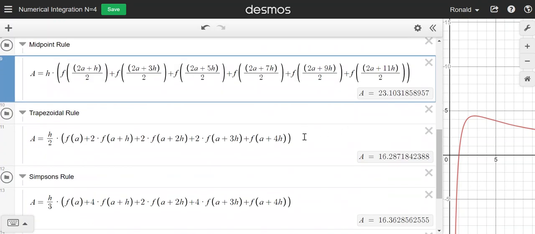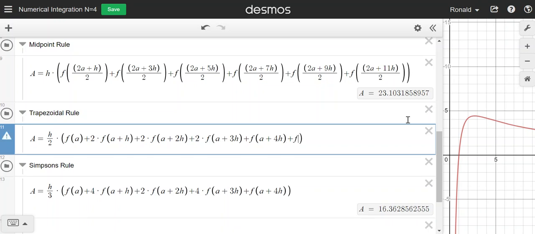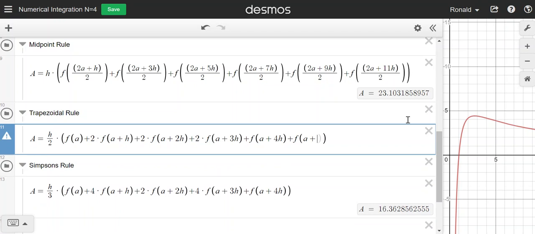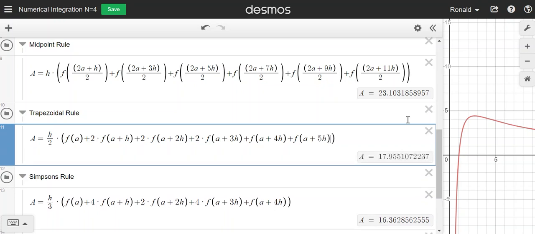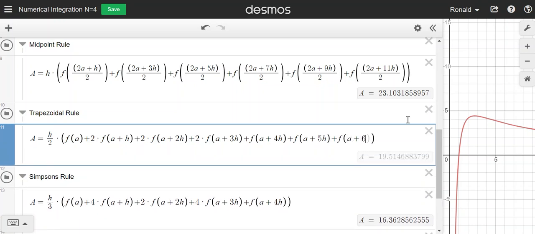To modify the trapezoidal rule, we want to add a plus f paren a plus 5h term plus f of a plus 6h term.